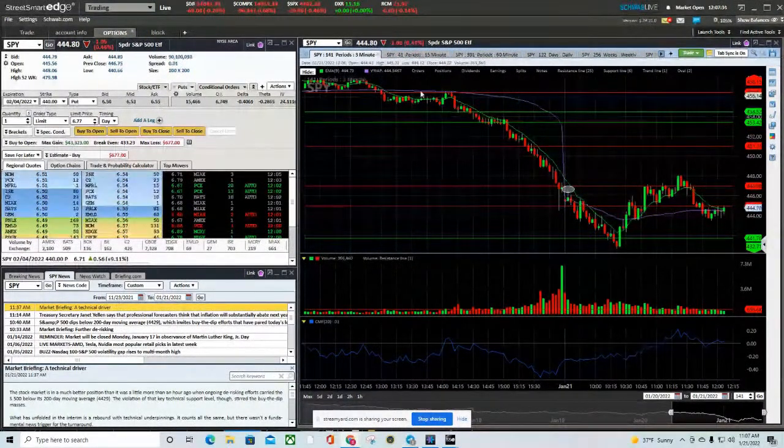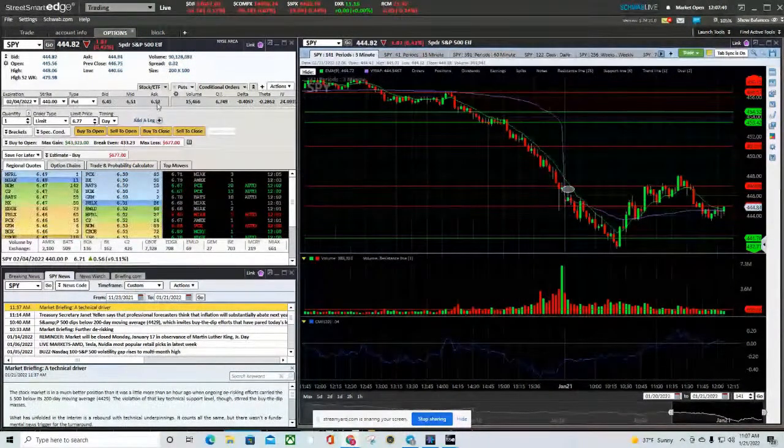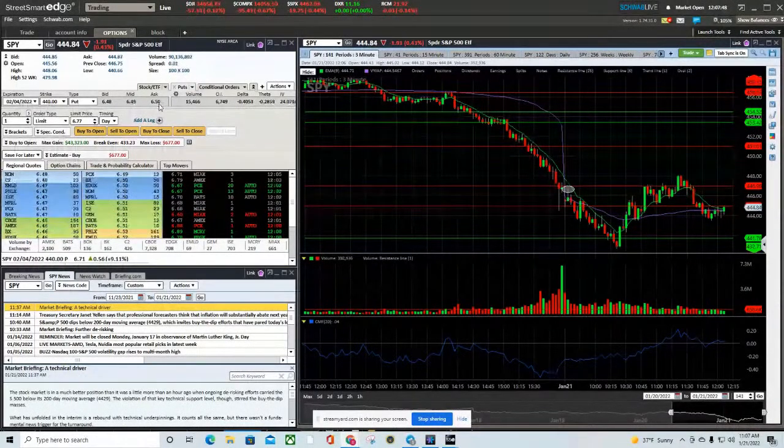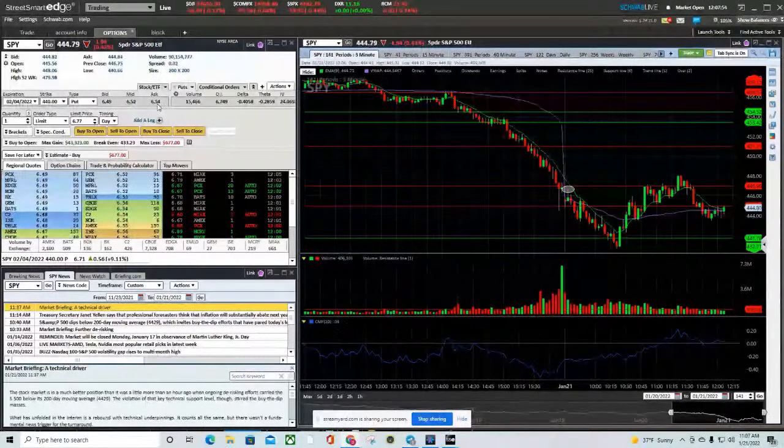If the SPY goes down, like right now it's 445.70, if it went down to 443.70, then right now your premium on this options contract is $6.50. So if the SPY went down $1, that would add 40 cents to this option premium, making it 6.90.